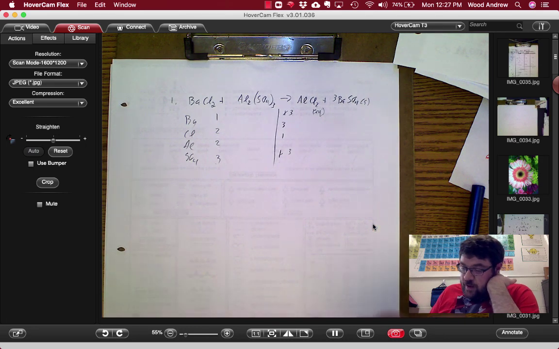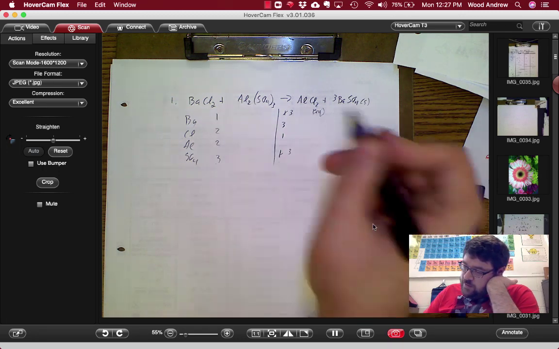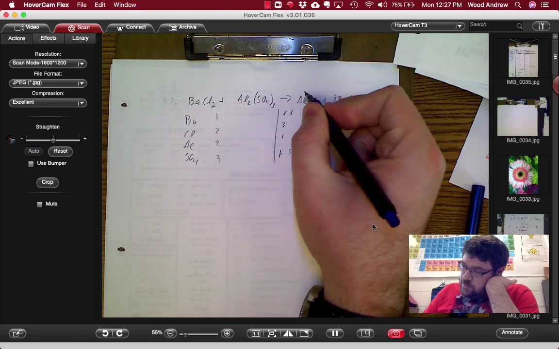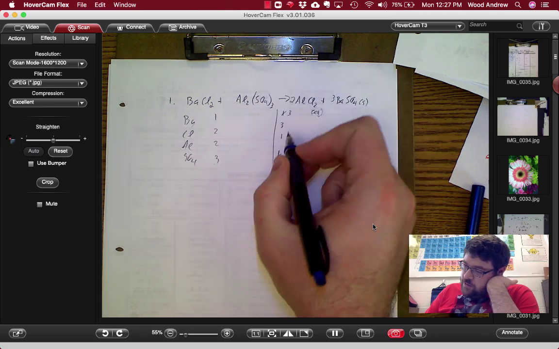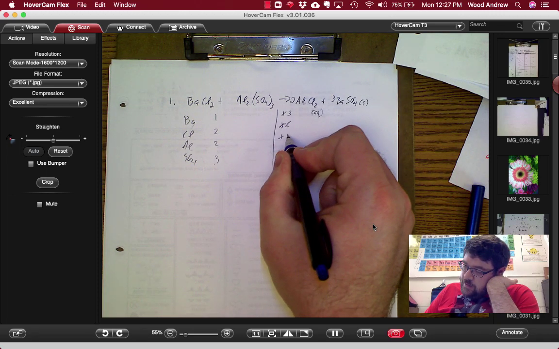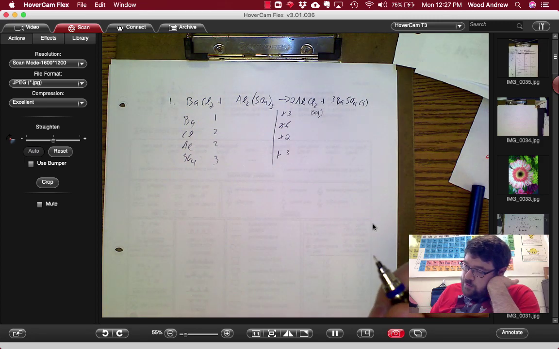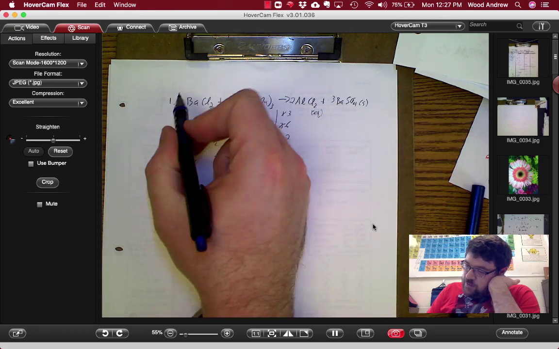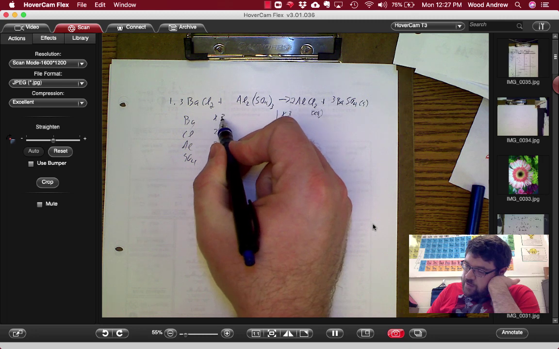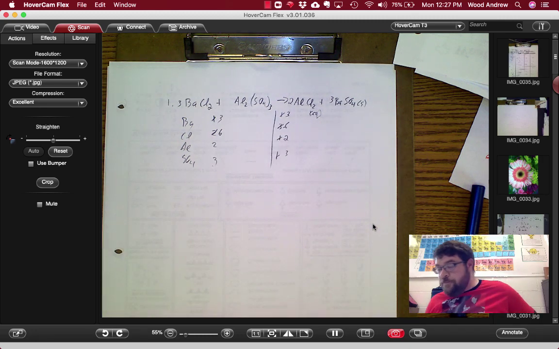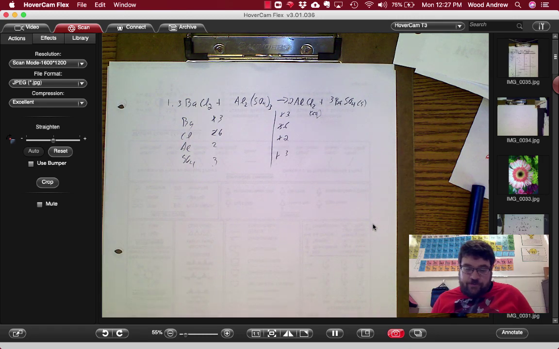I'll have to go back and fix the barium, but we'll do that at the end. Aluminum, 2 and 1. So this needs to be a 2 over here, making that a 6, and that a 2. And now this needs to be a 3 over here, making that a 3 and that a 6. And we're good to go. Everything's balanced. So there we go.